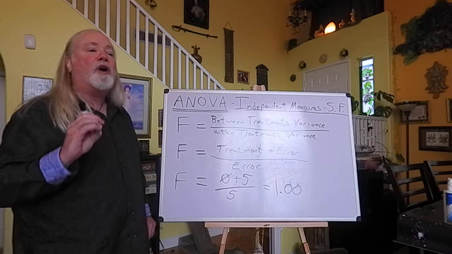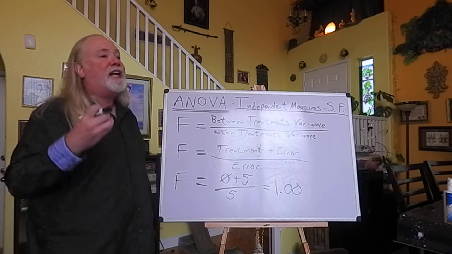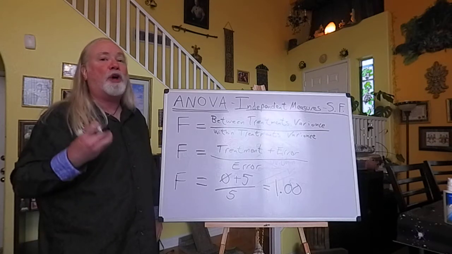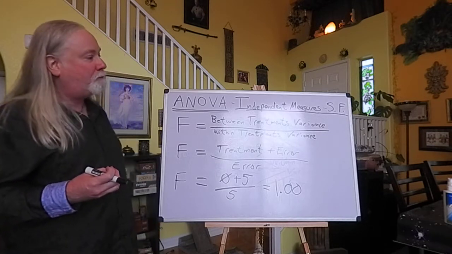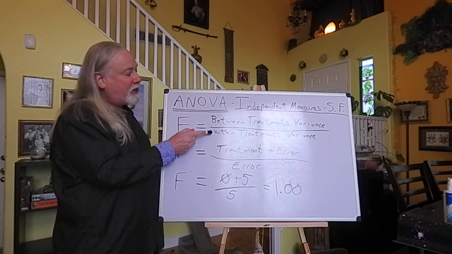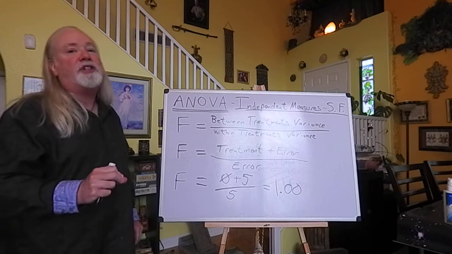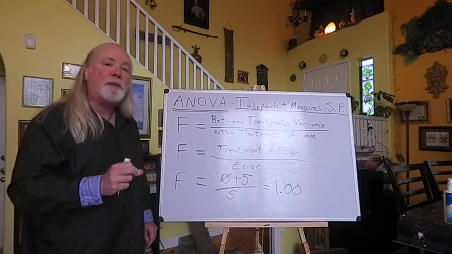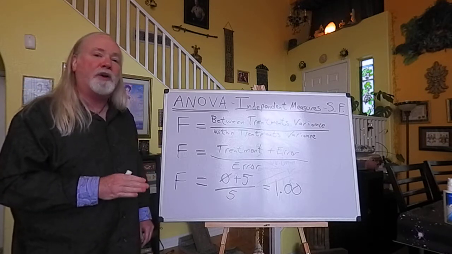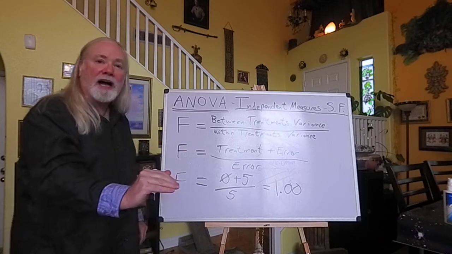Sums of squares always has to be a positive number because it's squared values. And degrees of freedom based on sample size always have to be a positive number. So the numerator is always going to be positive and the denominator is always going to be positive. That means your F statistic or F ratio has to be positive. There are no numbers lower than 0 because it's always a positive divided by another positive.